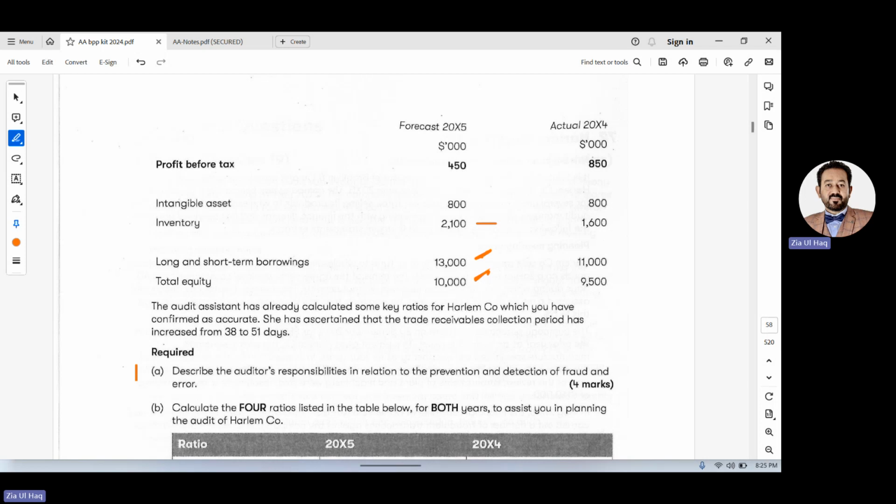What was it for 20x4? 53. This means gearing has increased. The more gearing, the more risky the company is.